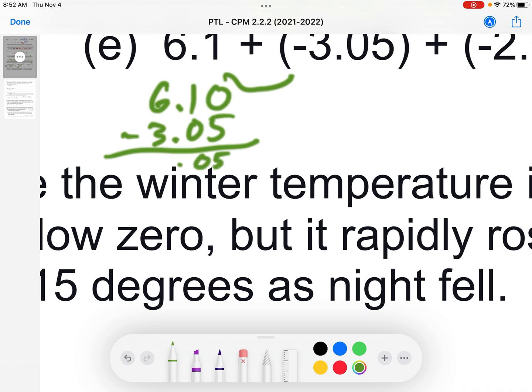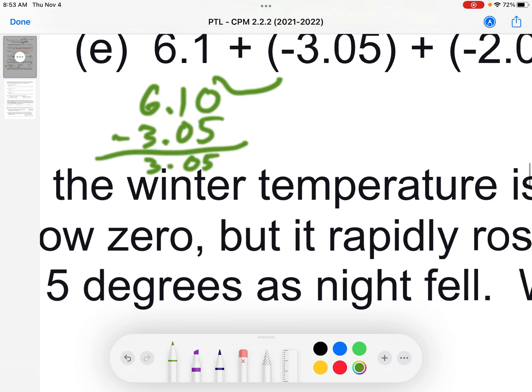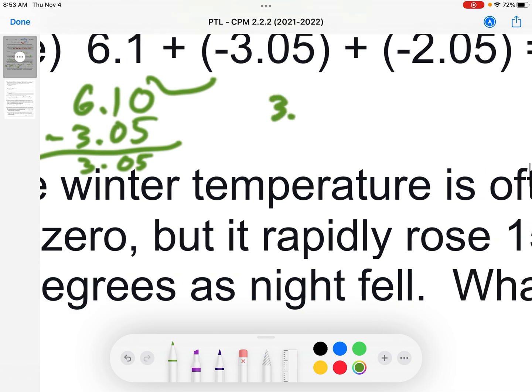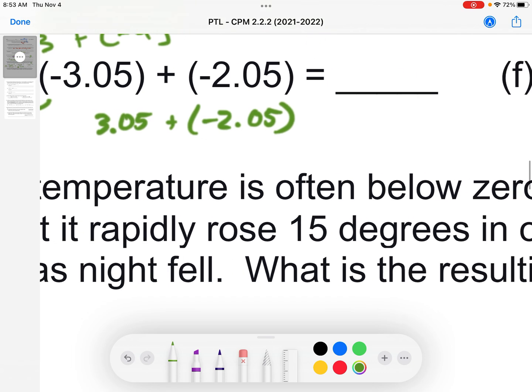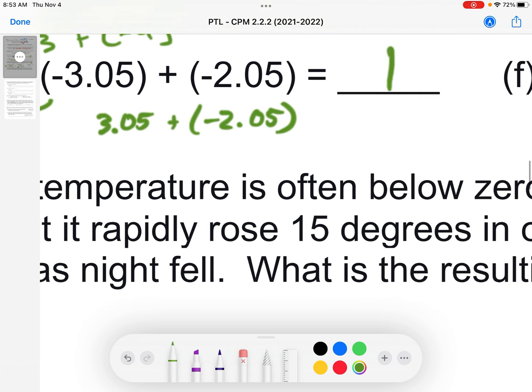And then 6 take away 3 is 3. So I have 3.05 plus a -2.05, right? Again, it'd be like the subtraction. We can do that on the side. Our answer will turn out to be 1.